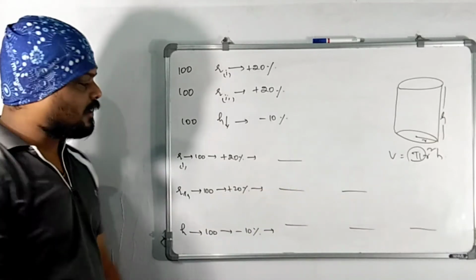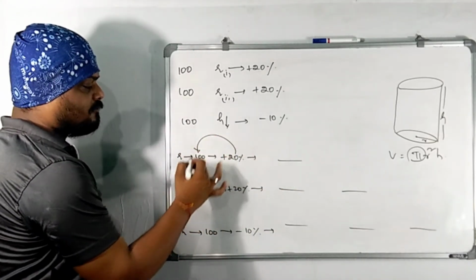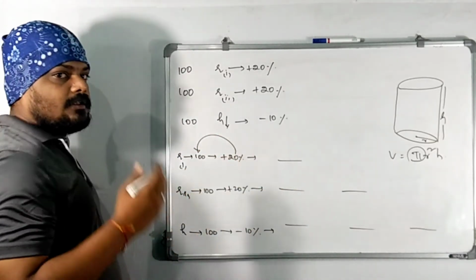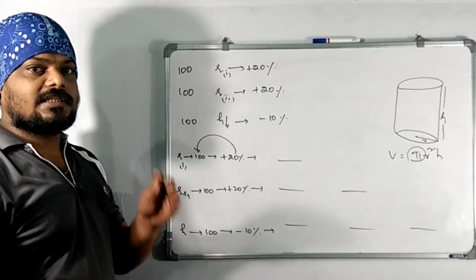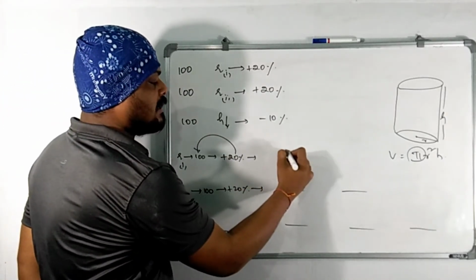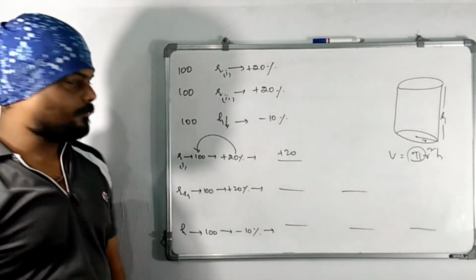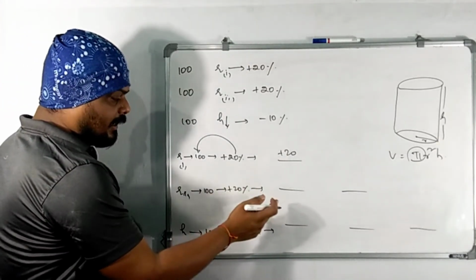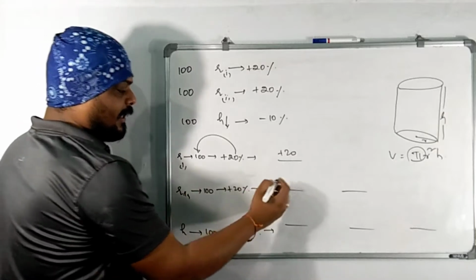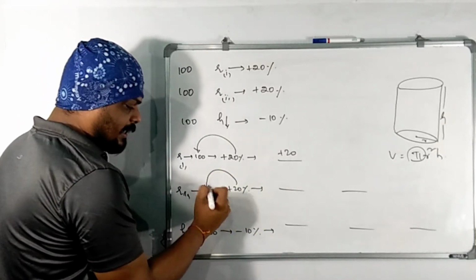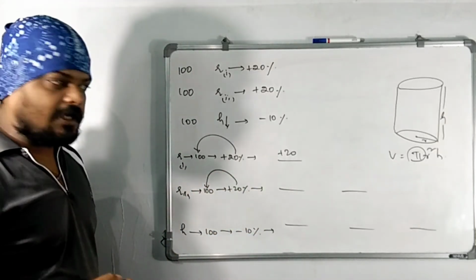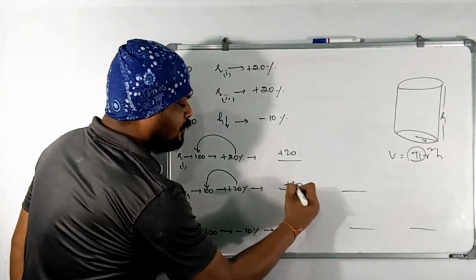So in the first condition, the 20% of the radius is increasing upon the previous value, so it is increased by 20 units. And later in the second condition it is also increasing upon the first value, so it is 20 units here.